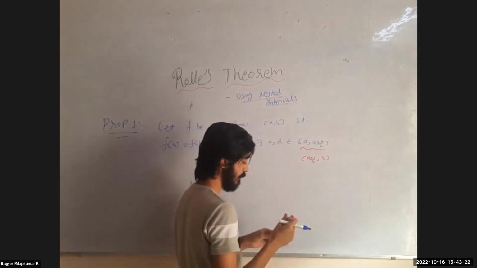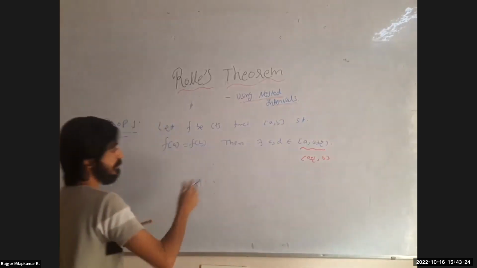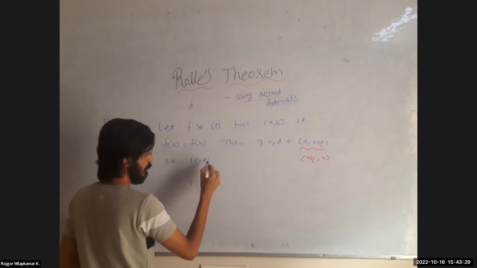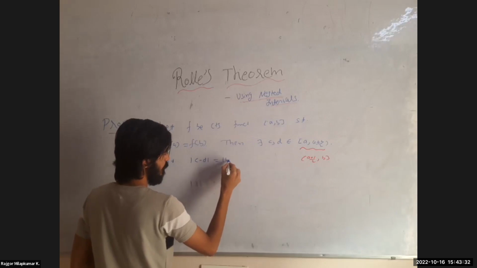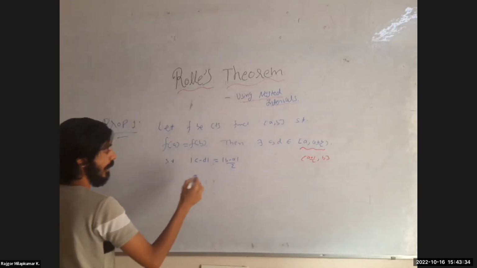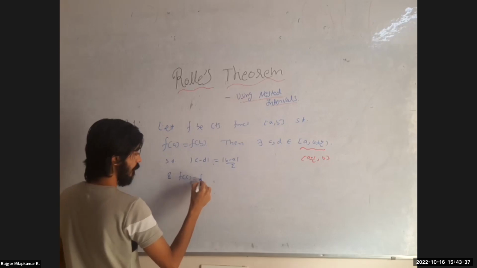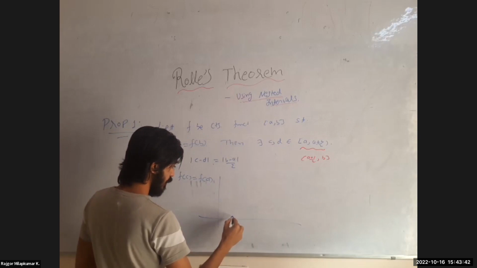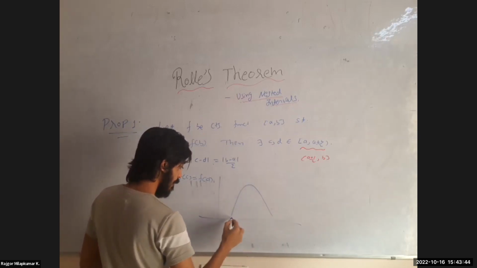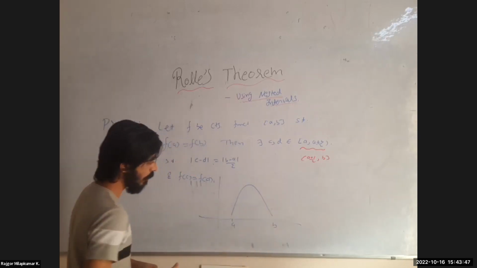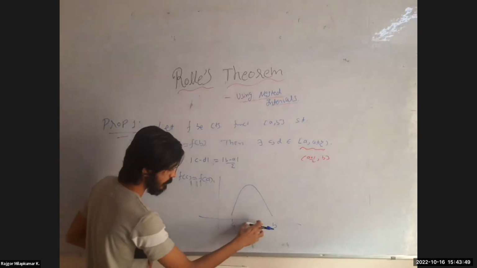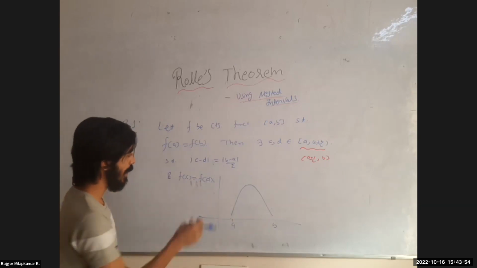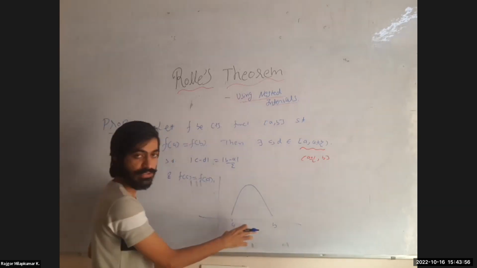I will explain why this happens. There are some c and d inside this such that the length d minus c is equal to (b minus a)/2, and f(c) equals f(d). See, if you have a continuous function from a to b, I want some other points where the function values are the same at the two endpoints, and the distance between them is half of this distance.